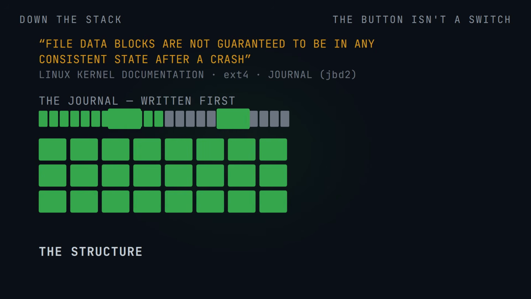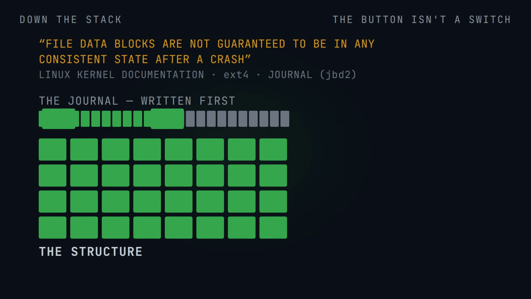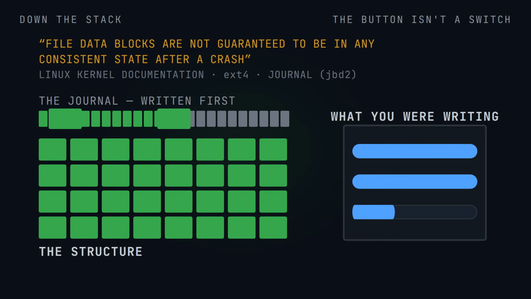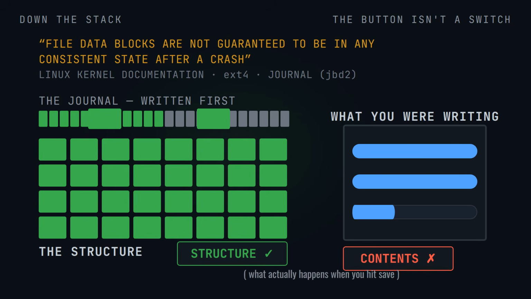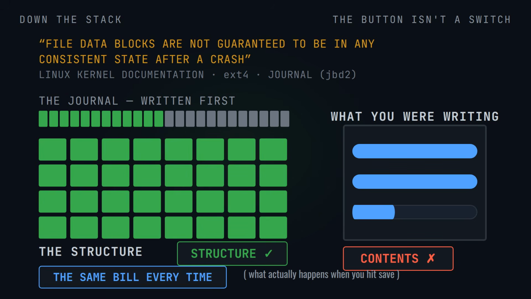By default, it only puts the filing system's own bookkeeping through the log, and file data blocks it says aren't guaranteed to be in any consistent state after a crash. So the cabinet survives, and the page you are still writing doesn't. That's the bill. And it's the same bill every time. Not the machine and not the system, just whatever hadn't been written down yet.